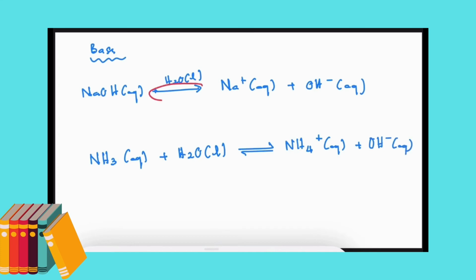This indicates it is fully dissociated, so it will be a strong base. For this one it produces OH minus.